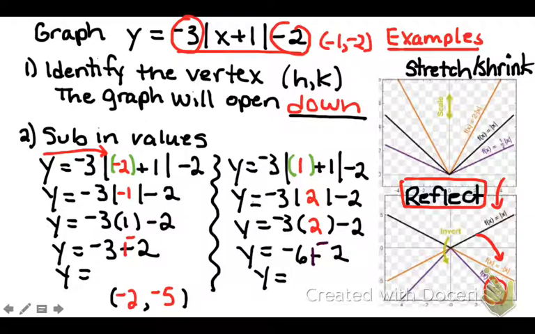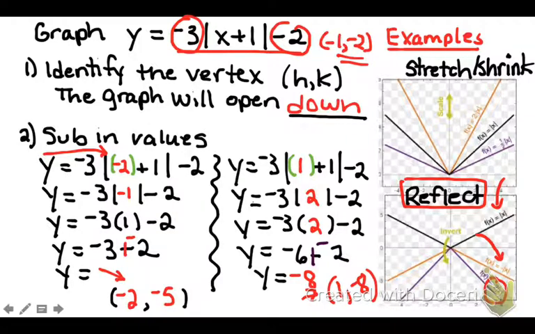So we end up with y equals negative 8. So my ordered pair here is going to be (1, -8). So now we can graph because we have our vertex and we have two ordered pairs.